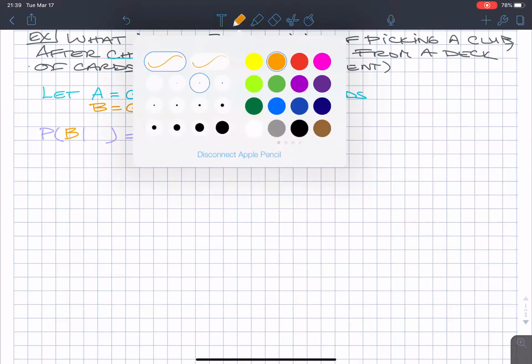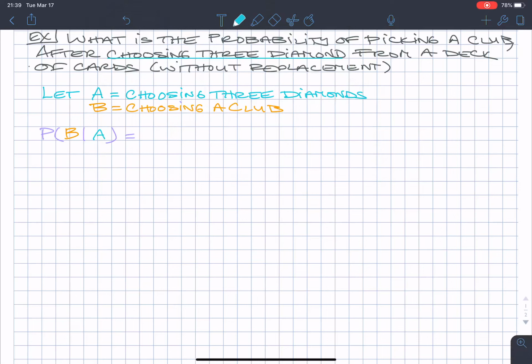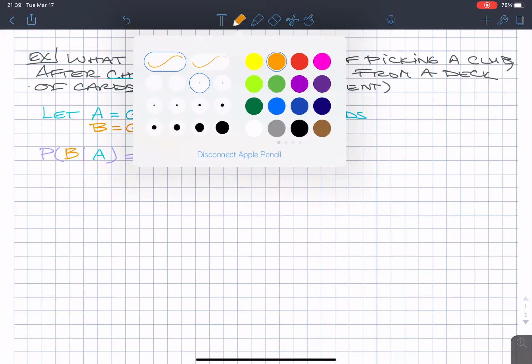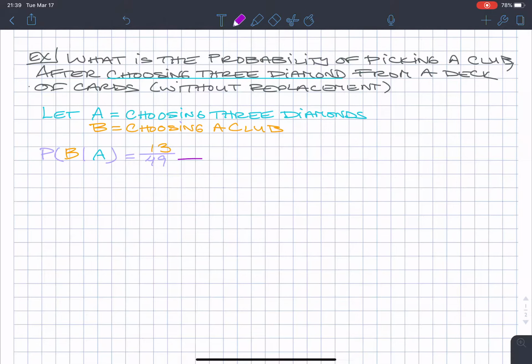Okay, so I want us to think about this. If I have chosen 3 cards that aren't clubs from the deck, the 3 diamonds, do you agree that there's only 49 cards remaining? And of those 49 cards, do you agree that 13 are clubs? So let me note this. So we chose 3 diamonds.